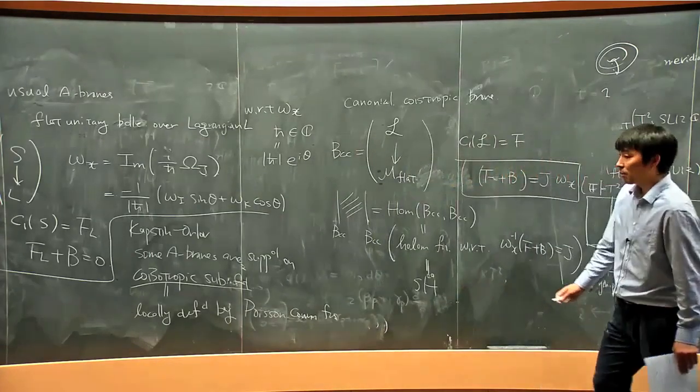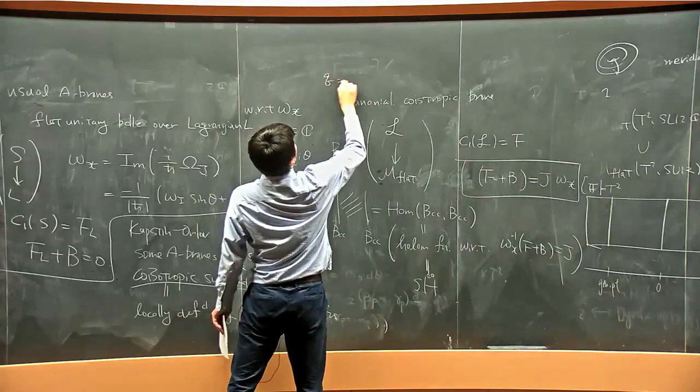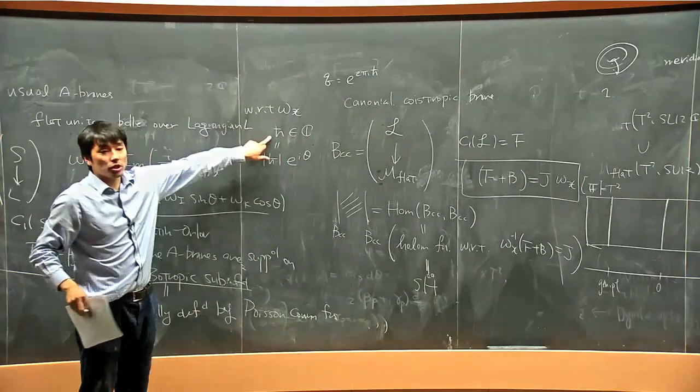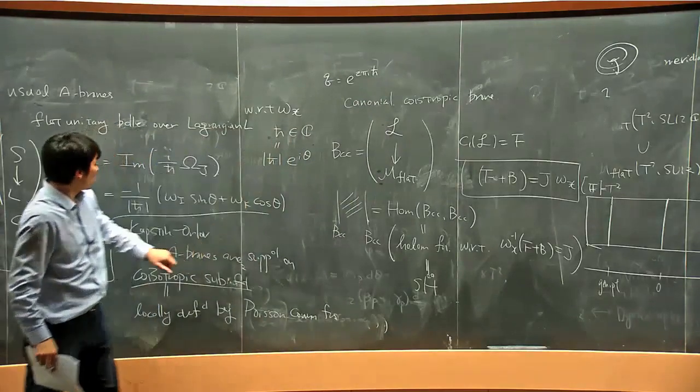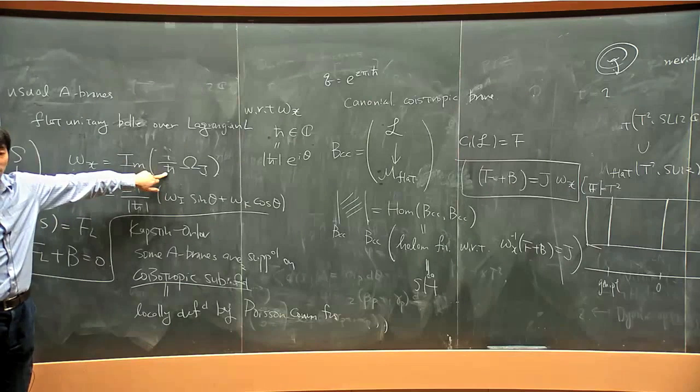And its q parameter in the spherical DAHA is related by e to the 2 pi I h bar, which is introduced in front of the holomorphic symplectic form here.